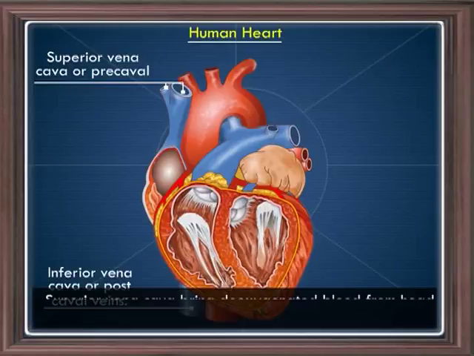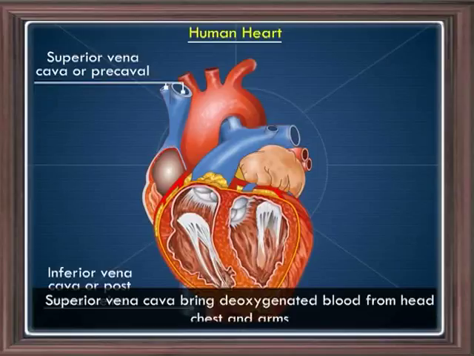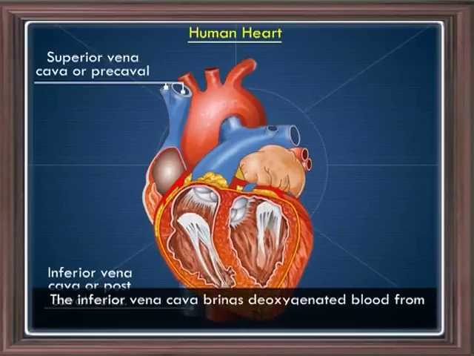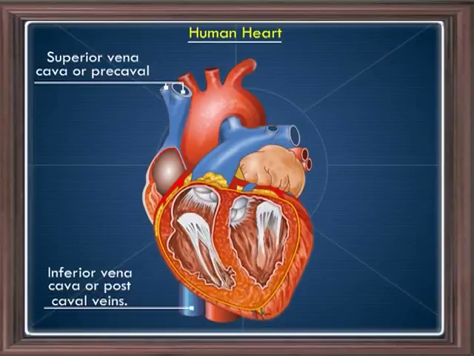The superior vena cava brings deoxygenated blood from the anterior part of the body, mainly head, chest and arms. The inferior vena cava brings deoxygenated blood from the posterior region of the body, including legs and abdomen. The left auricle receives oxygenated blood through 4 pulmonary veins, 2 each from the lungs.